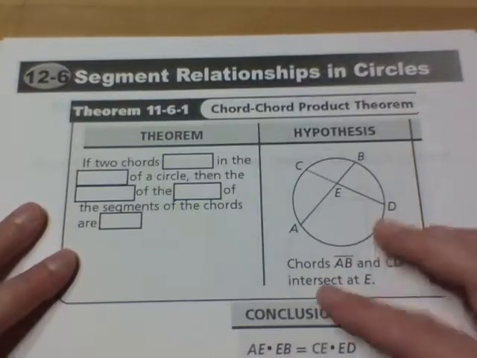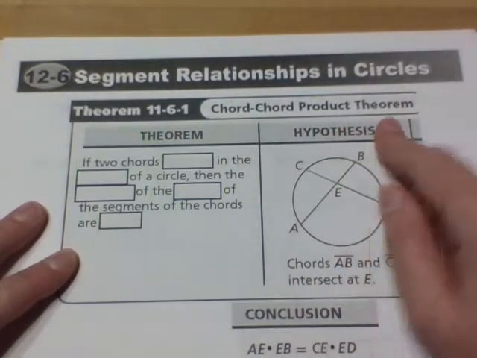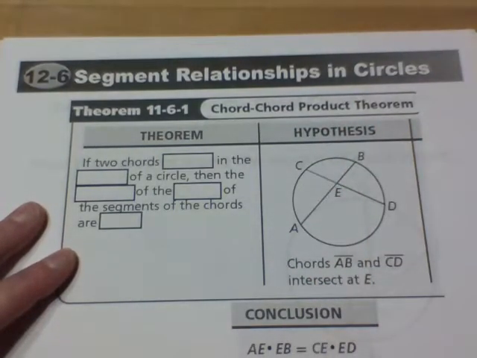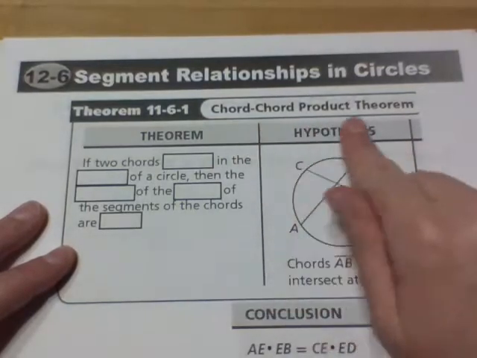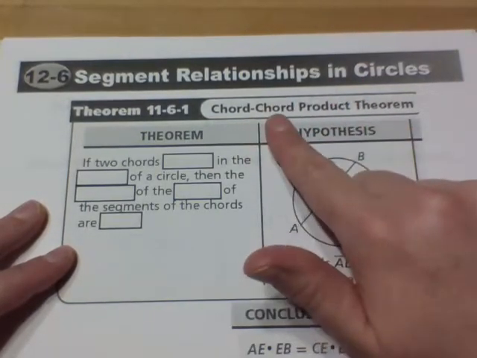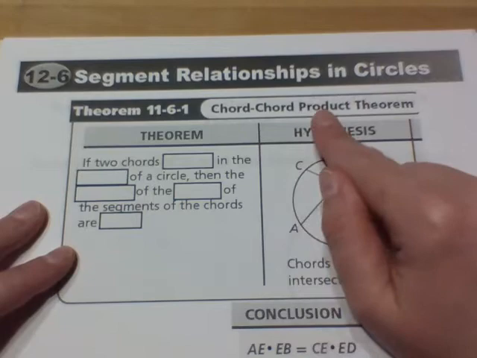All right, so the first thing here is our chord product theorem. This one does technically have a name rather than 11.6.1. Either way, chord product theorem means that we're going to take both of the chord pieces and multiply them, which is the product.